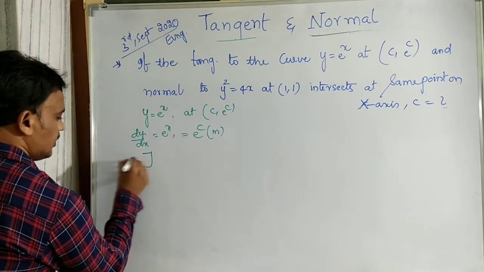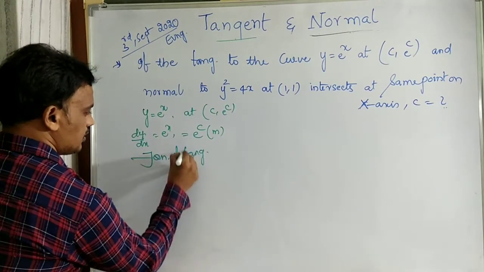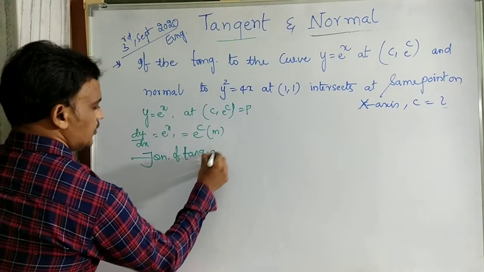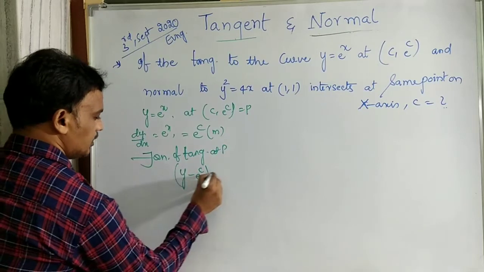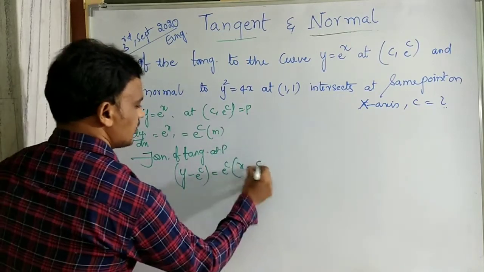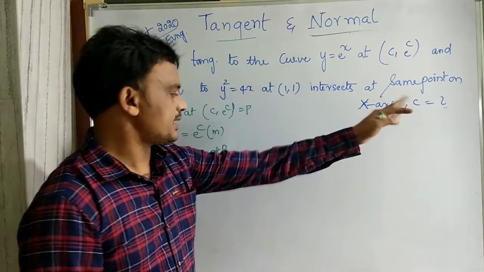Now what is the equation of the tangent? Let us take this point as P. The equation of the tangent at P is y minus y1 equals m, which is e power c, into x minus x1, which is c.